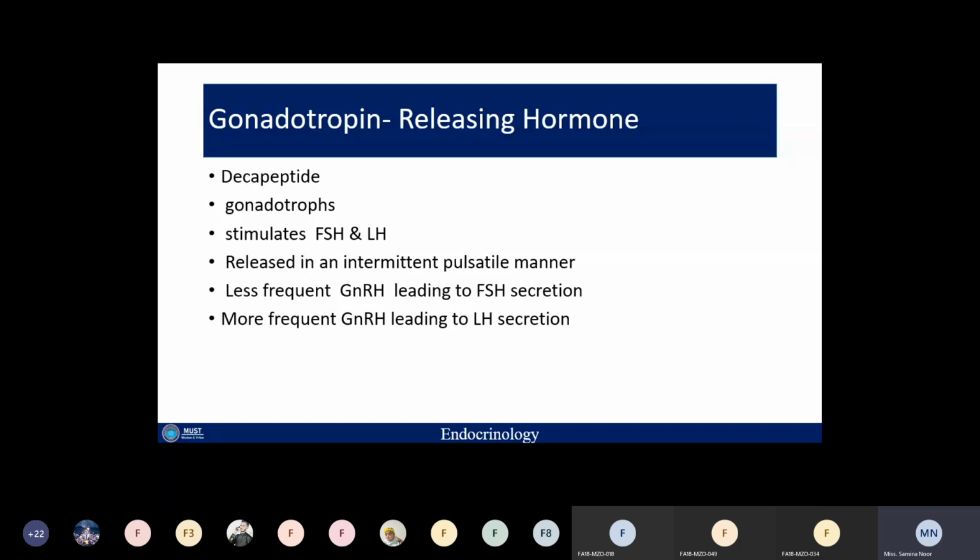So if less frequent gonadotrophin releasing hormone pulses are secreted from the hypothalamus, then it leads to the secretion of FSH. अगर gonadotrophin releasing hormones जो हैं वो less frequently secrete हो रहे हैं hypothalamus से, then it leads to the secretion of FSH from the gonadotrophs. But if the gonadotrophin releasing hormones are secreted more frequently from the hypothalamus, then it leads to the production of luteinizing hormone or lutropin.